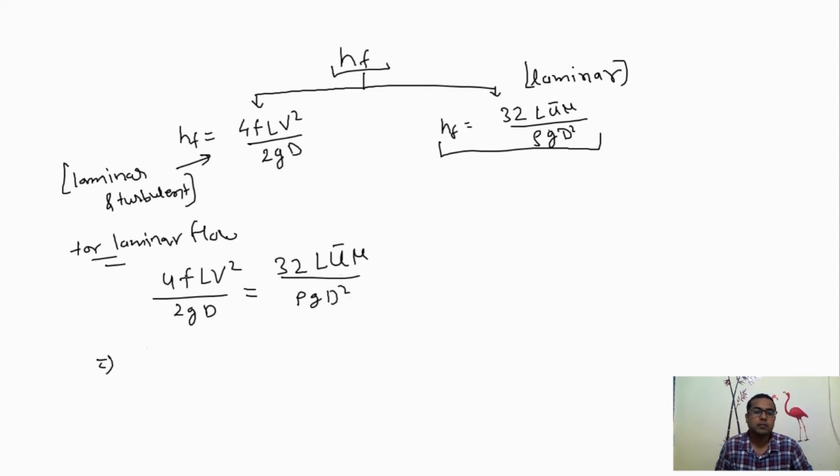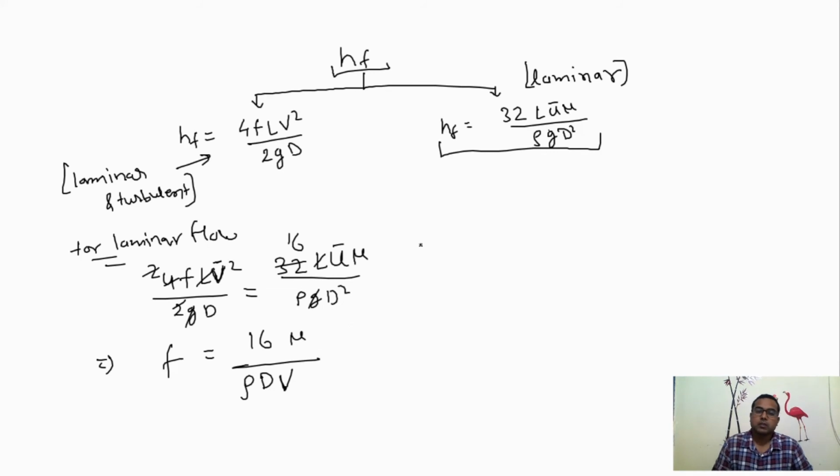What will you find? That f, this is 2, this is 16, okay, this is 16. Here you can see this V is also u bar, the average velocity, V or just u, whatever, and here g will get cancelled, there will be rho and d and this mu, okay, this L will get cancelled.